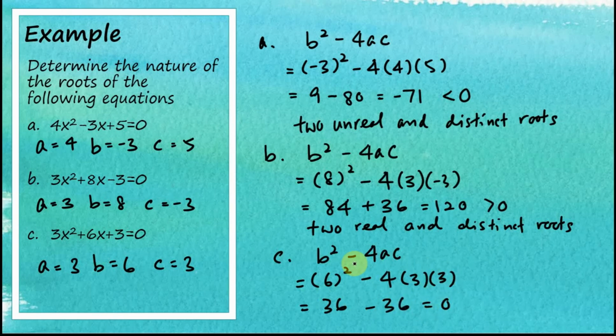When b squared minus 4ac is equal to 0, we are going to have two equal roots.